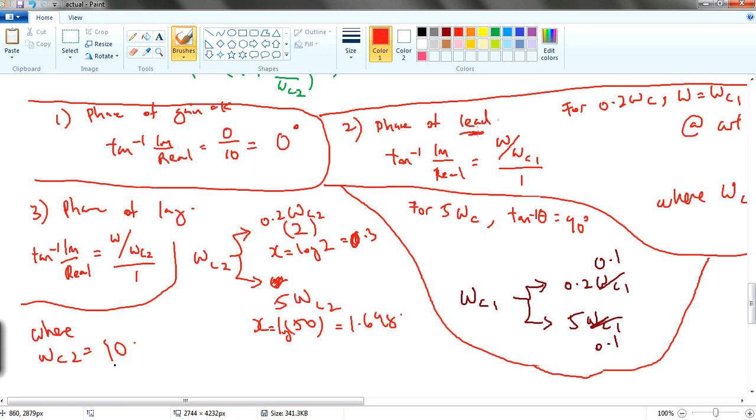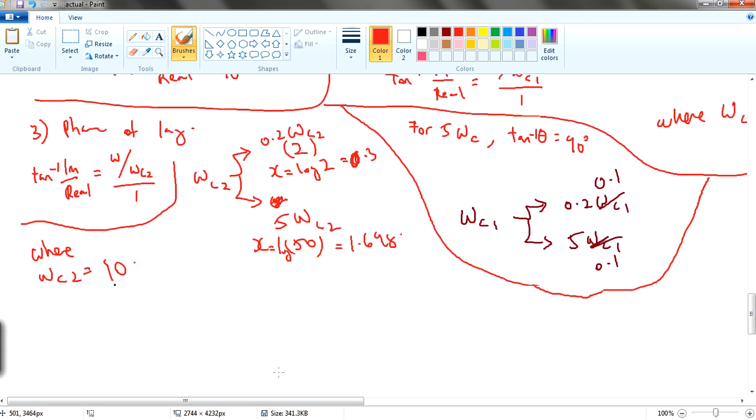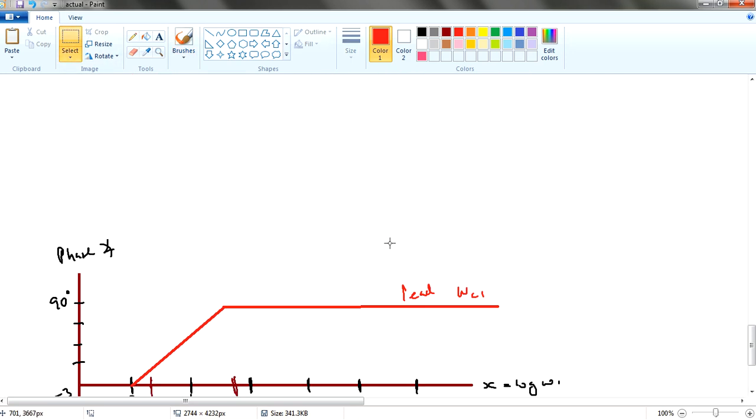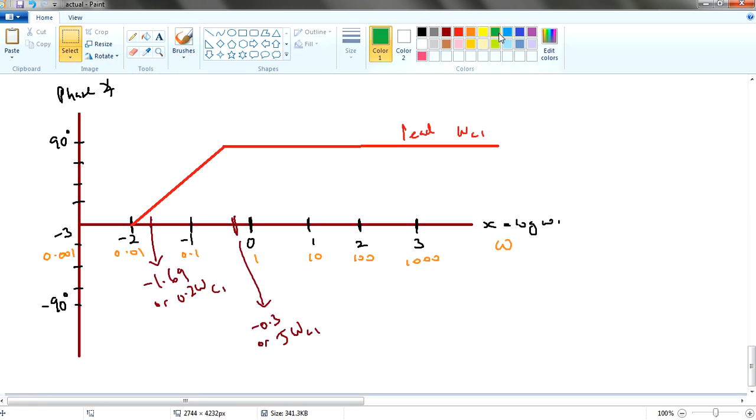For lead, you have a plus 45 degrees. For lag, you have a minus 45 degrees. So in this case, I have these two coordinates. I can plot out the 0.3 first. Maybe I should use a different color now. So 0.3 is somewhere over here, and this is 0.2 omega c2.